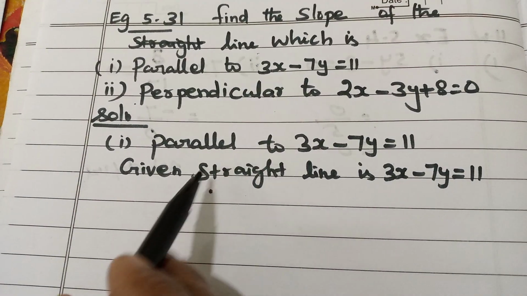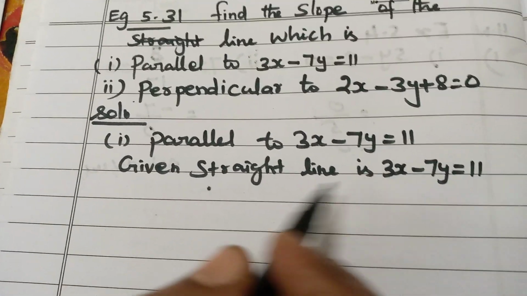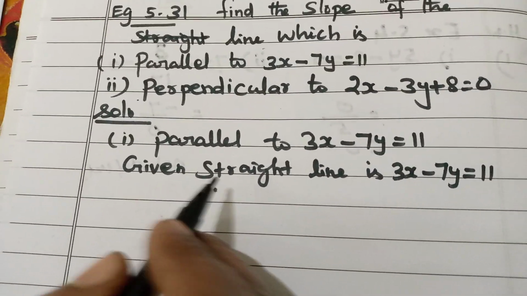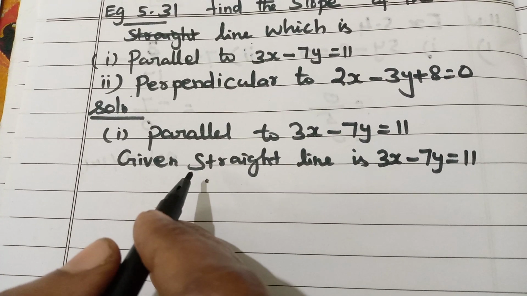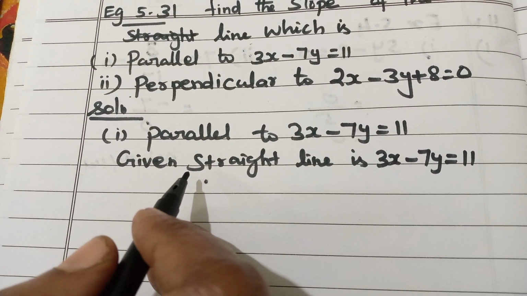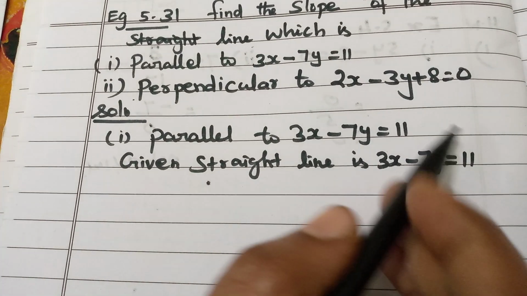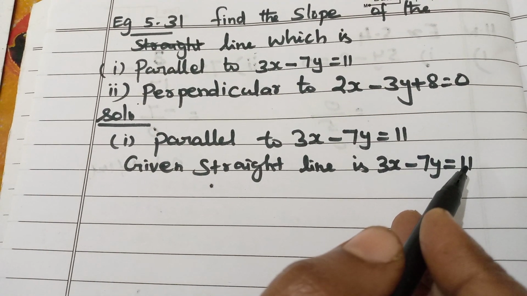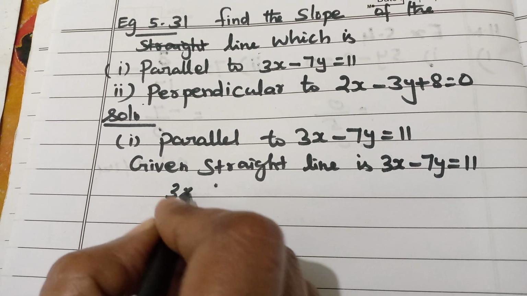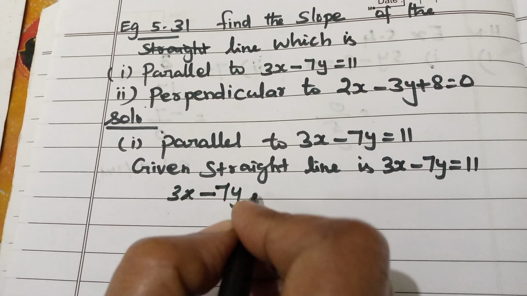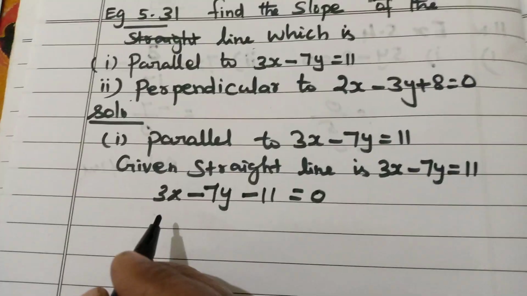Okay. So the first given line is 3x minus 7y equal to 11. We have to use the slope formula, minus coefficient of x by coefficient of y. So let us first bring this constant term to this side. So that is 3x minus 7y minus 11 equal to 0. Now let's use the formula.